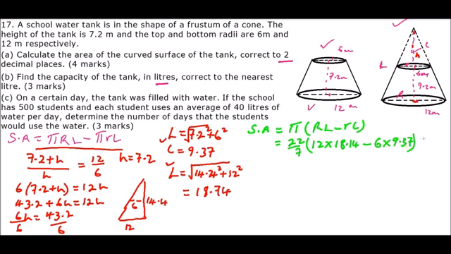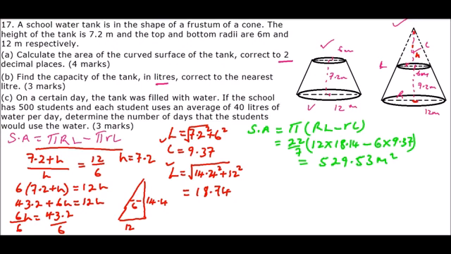When you compute this, you get 529.53 meters squared. So that is the surface area of the frustum.